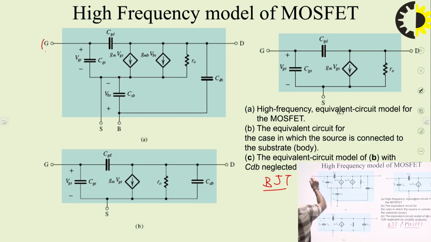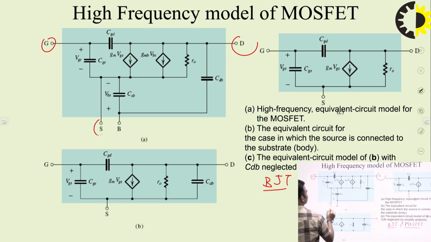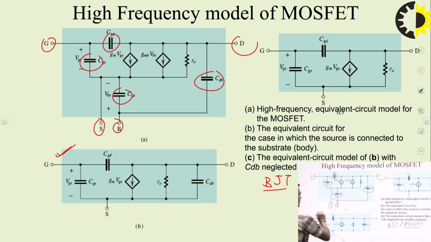This is the gate terminal, drain terminal, source terminal and body terminal, and various capacitances exist between various terminals, and its simplified equivalent model can be considered as this one.